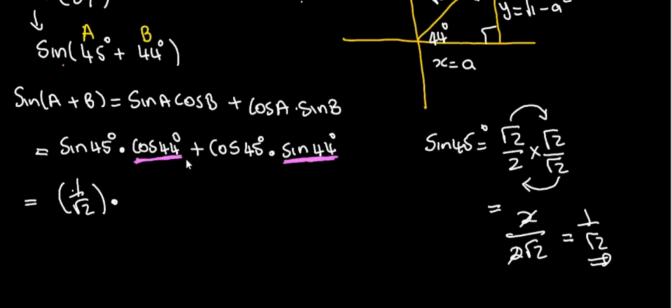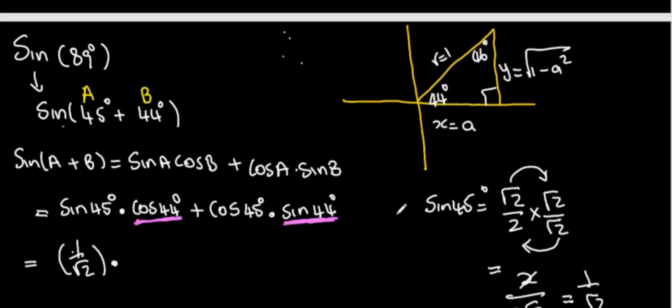So now we need the cos 44. How can we get that? We need to refer to the diagram. Look at the diagram. We know cos is adjacent over hypotenuse, which gives us a over 1. So I'm just going to substitute this as a over 1, then plus the cos 45.